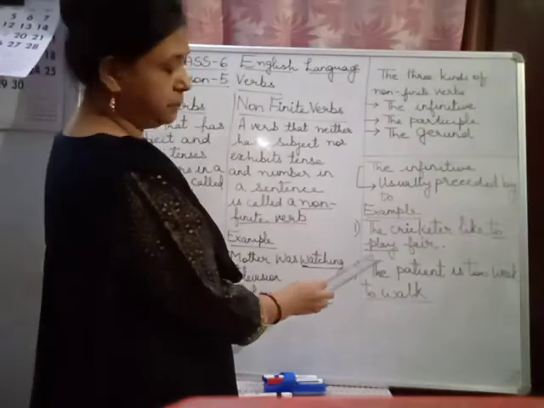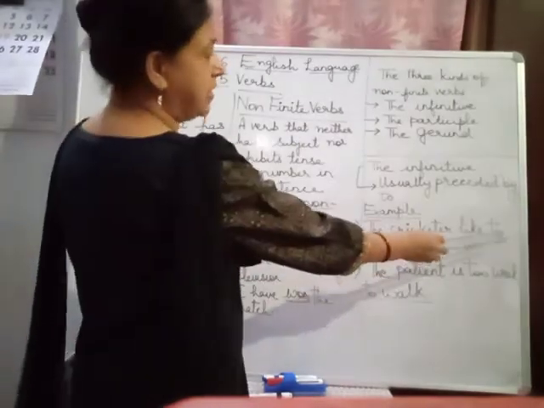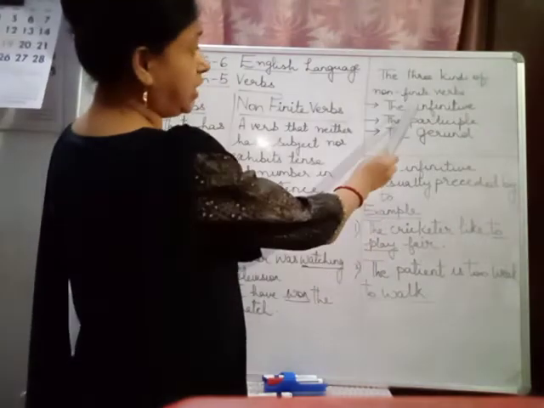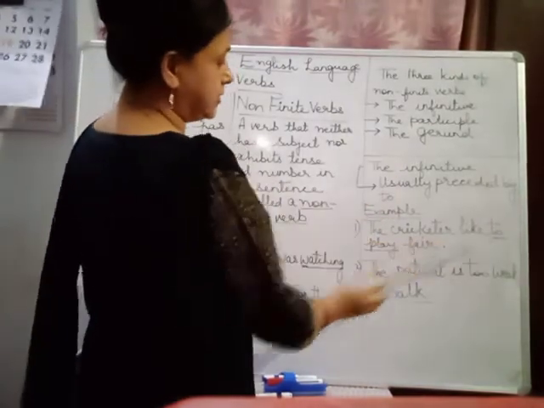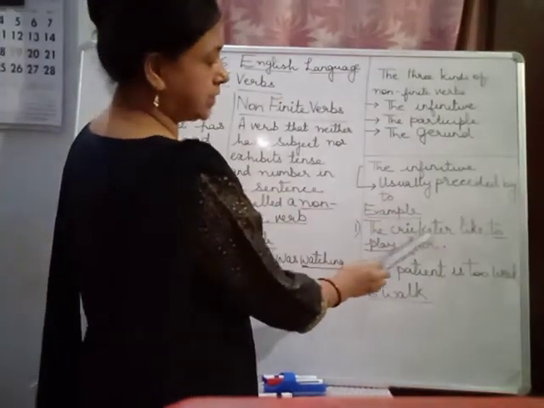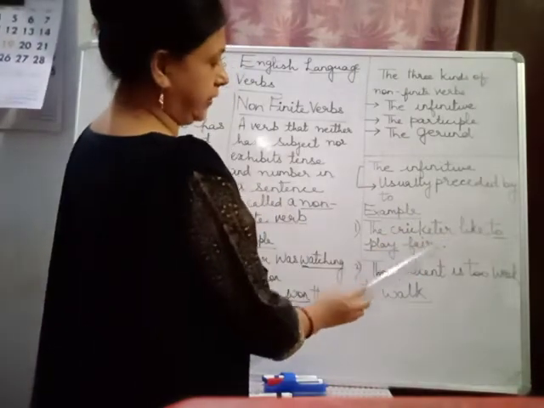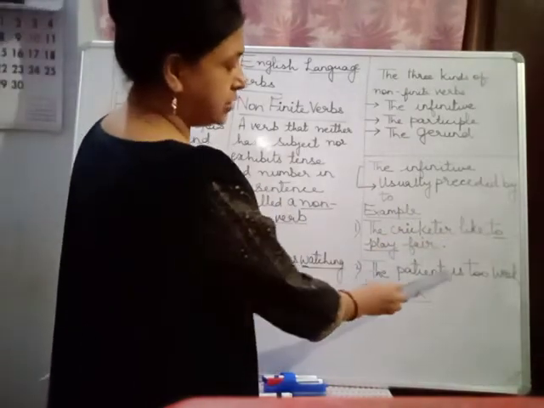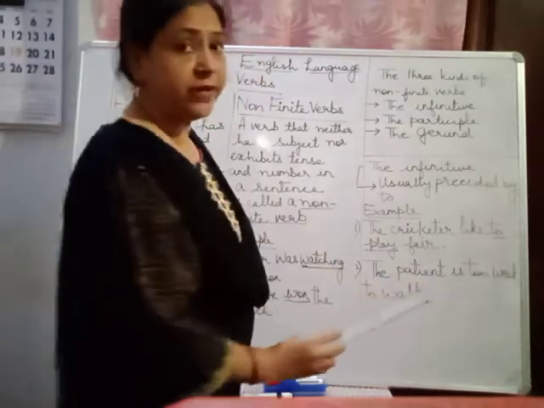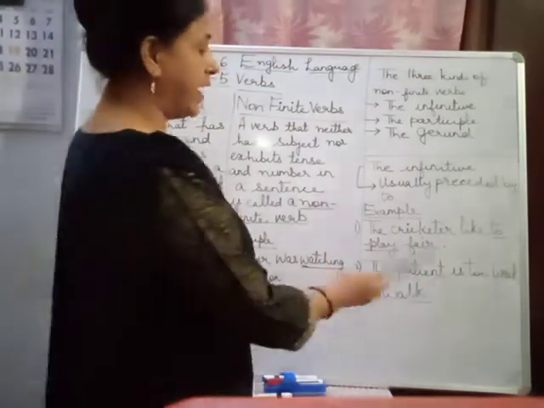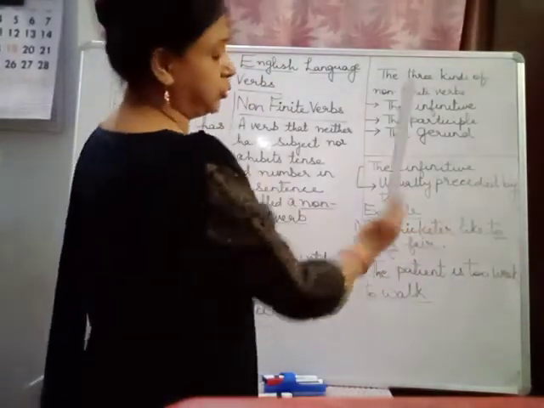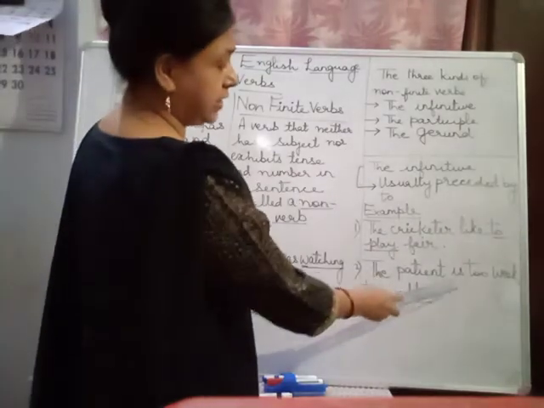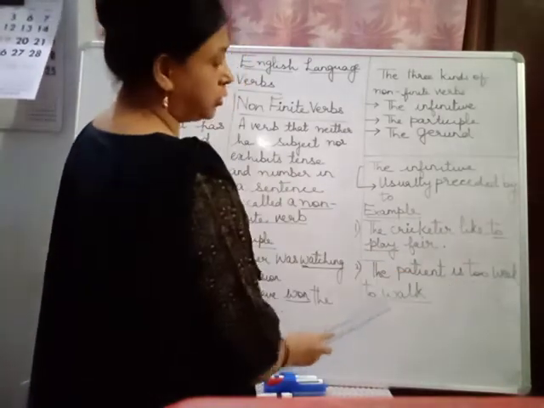To and play. Play is a verb and we add to to play. Why do we use too and why do we say to? The patient is too weak to walk.